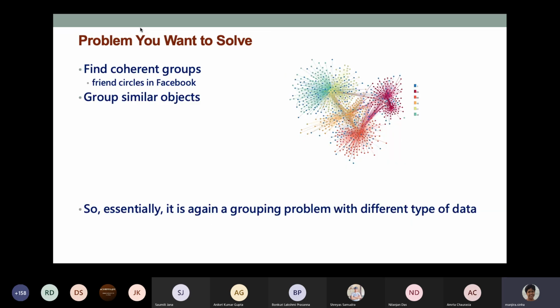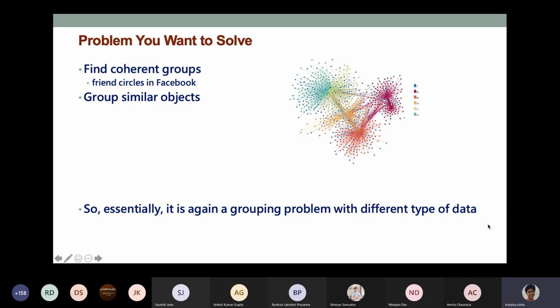So how do we come up with the notion of groups? How do we come up with the notion that in a friendship network, some people are connected more closely together than others? So basically the problem we address every day is to find coherent groups or friend circles, whether it is on Facebook or in real life.